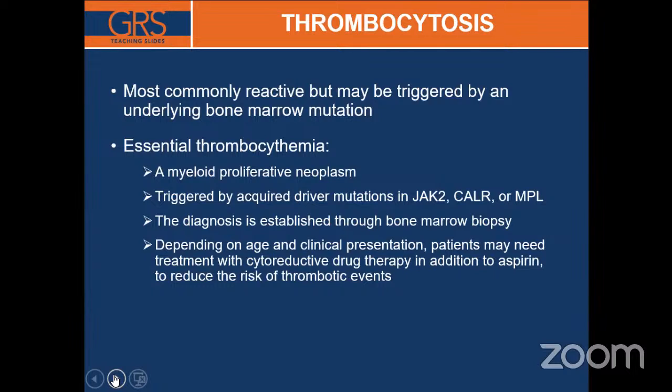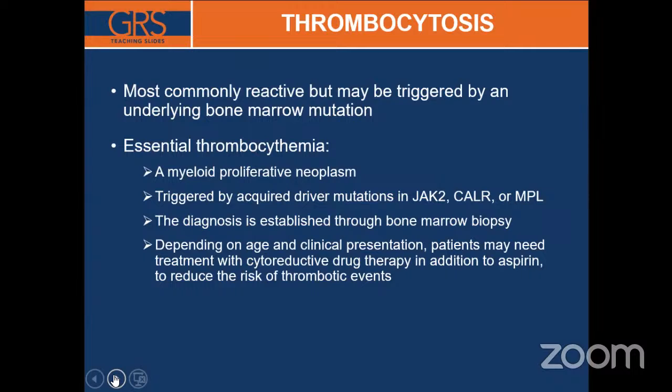Depending on the age or your clinical presentation, you probably would need a cytoreductive drug therapy or aspirin, just because a lot of platelets is also not good. A lot of platelets means extra coagulation, extra clots, and that's not good.